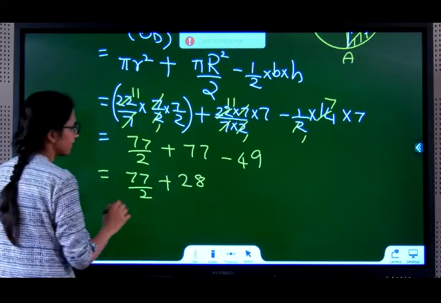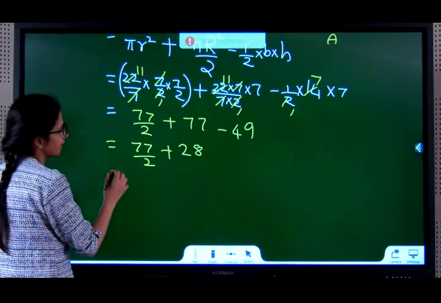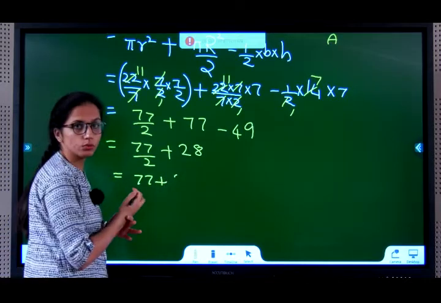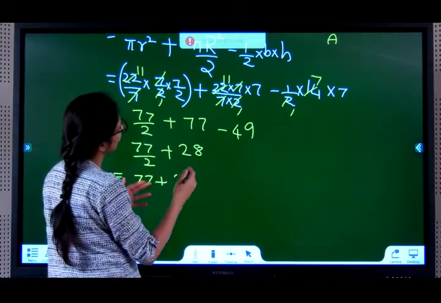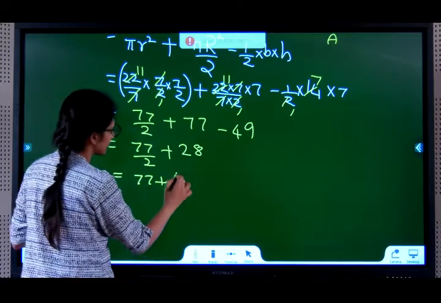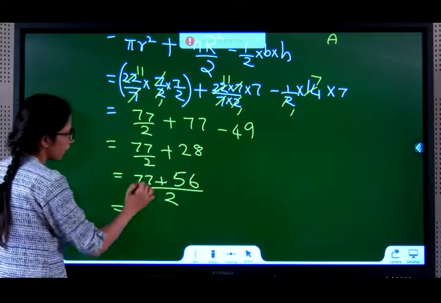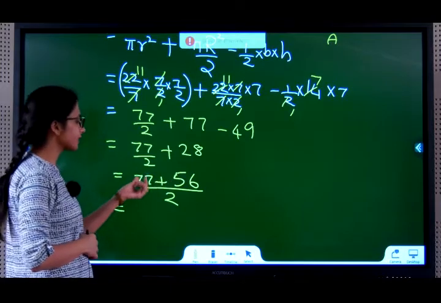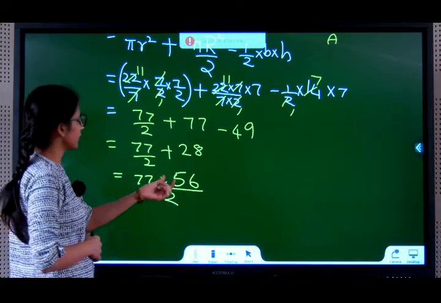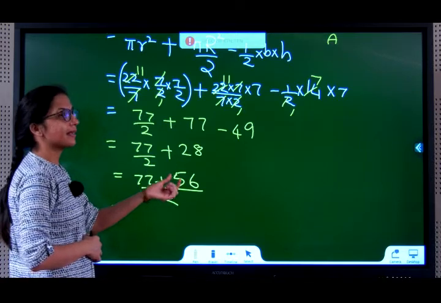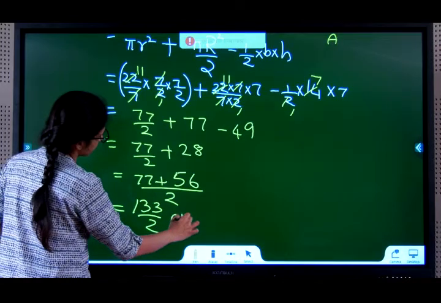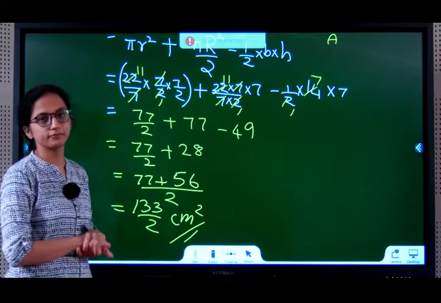So 77 by 2 plus 28. Take the LCM: 77 plus 28 into 2. 28 into 2: 2 8s are 16, 2 2s are 40, 40 plus 16 is 56, by 2. On adding this, 77 plus 56: 70 plus 50 is 127, 127 plus 6 is 133. 133 by 2 centimeter square.